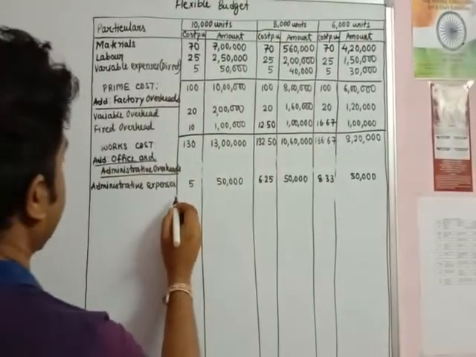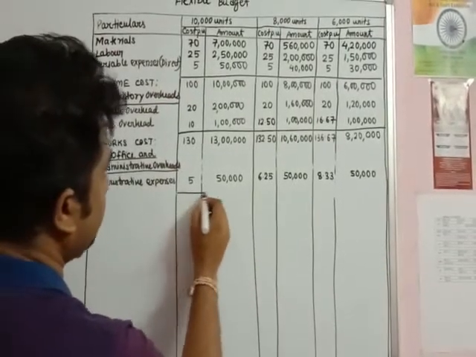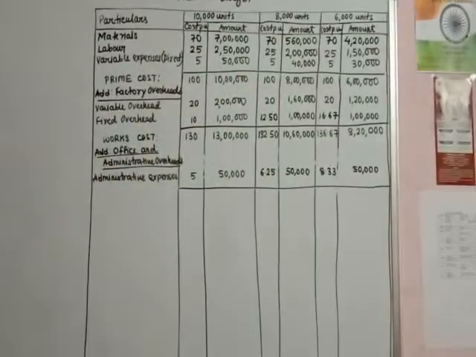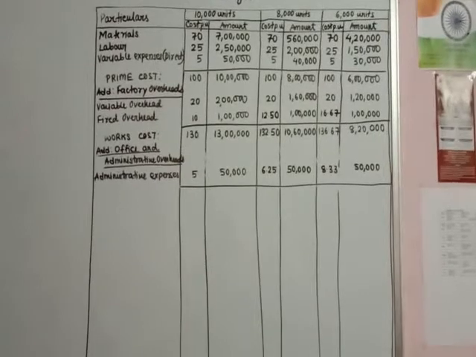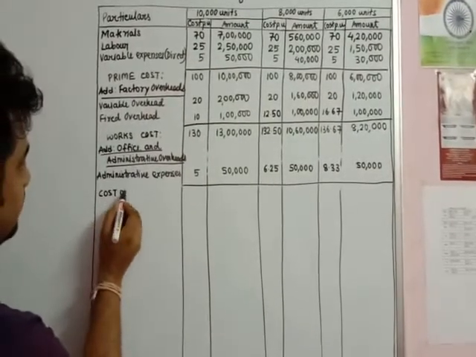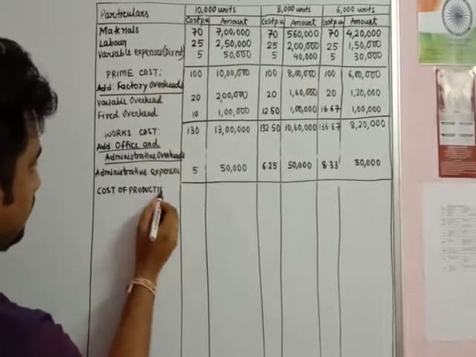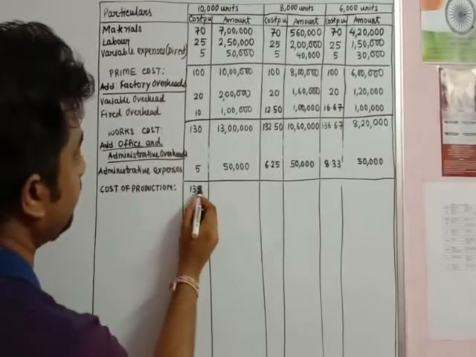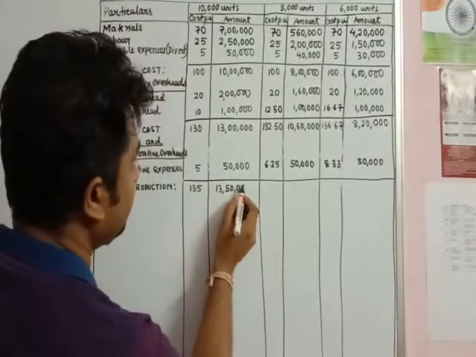Okay. So now you have only a single expenditure regarding administration. So when you add office and administrative overhead with the works cost, you get the cost of production. So 135, and here you get 13 lakh 50,000.